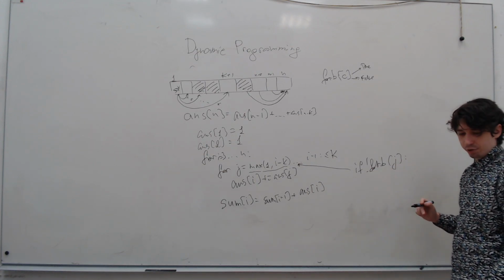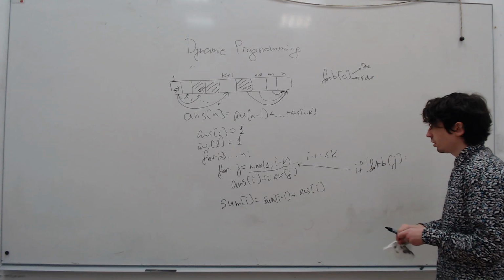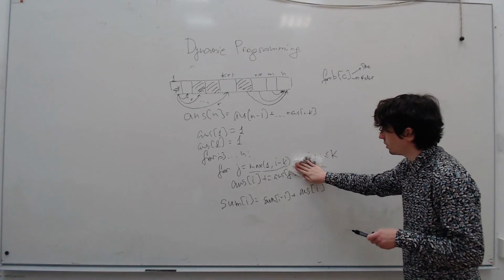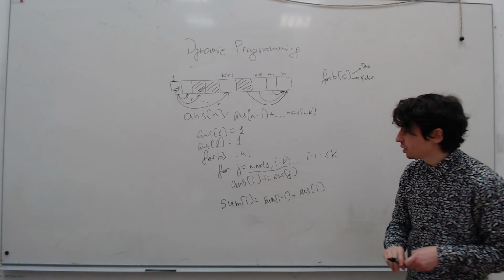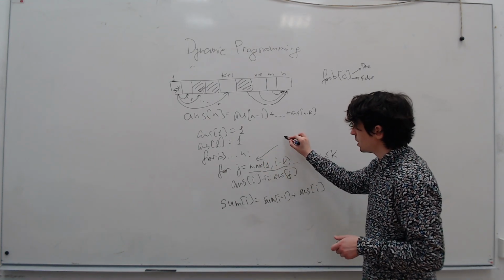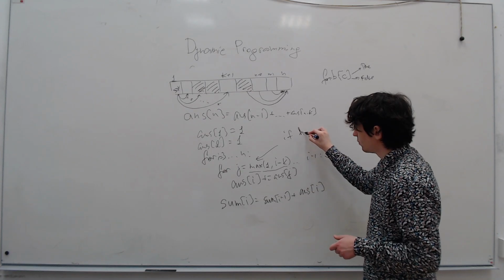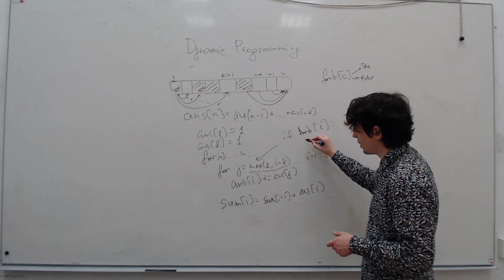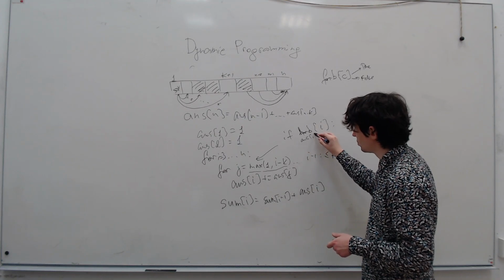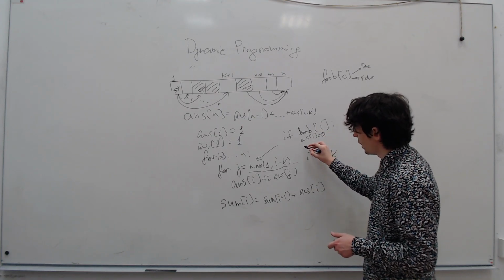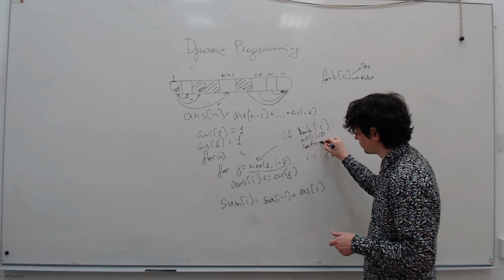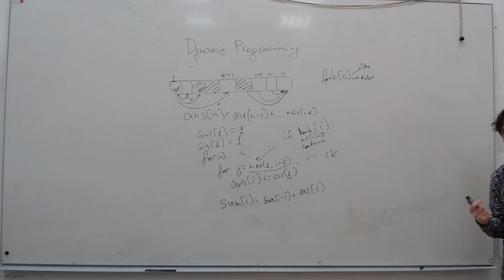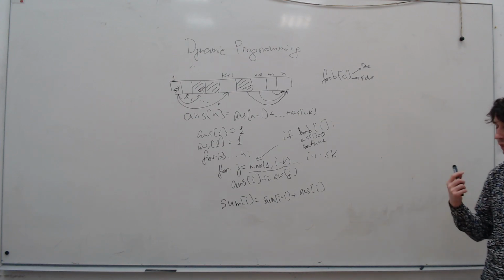Thus, you either do this, or, which I think is simpler, you don't have to change anything here, you just say: if forbidden of i, then you know that the answer to pass through it is 0, and continue. So you just check whether right now the cell is forbidden.